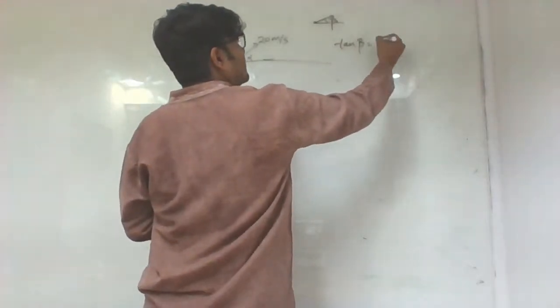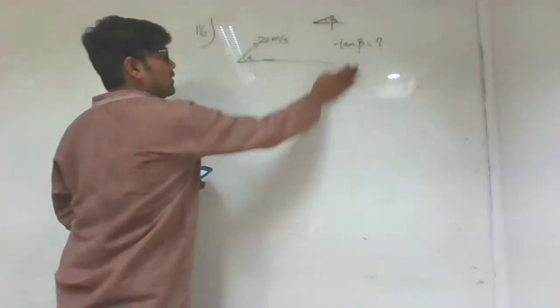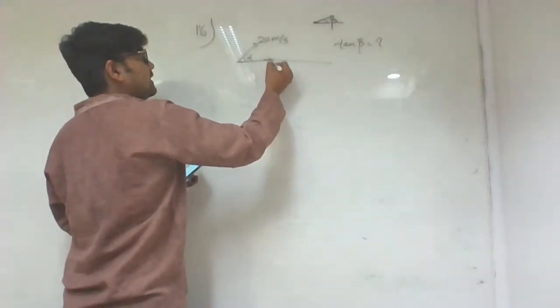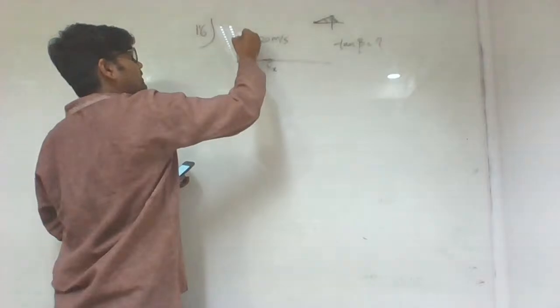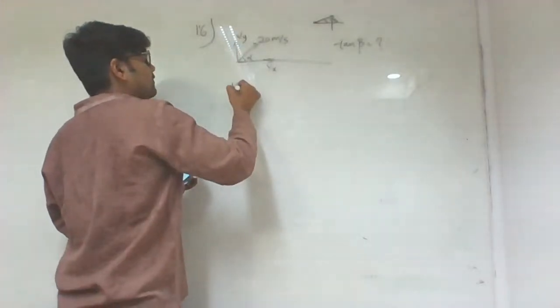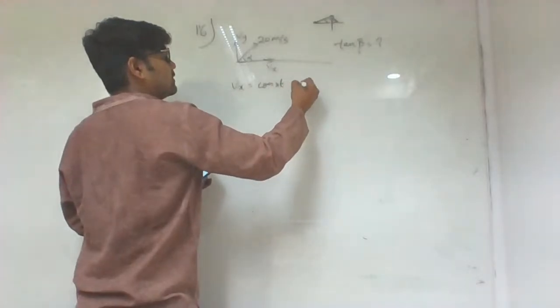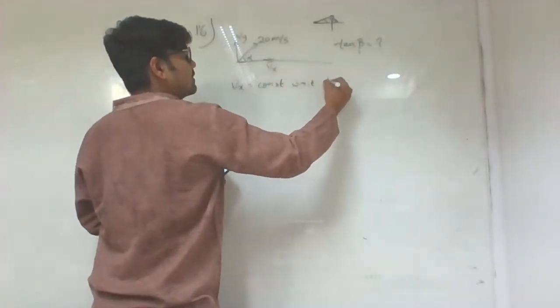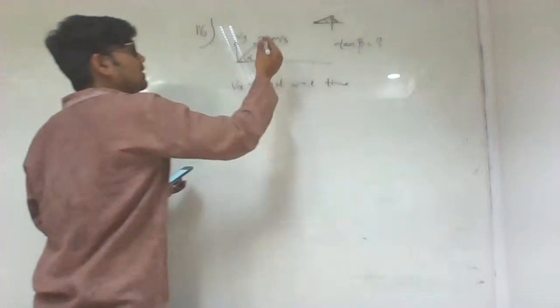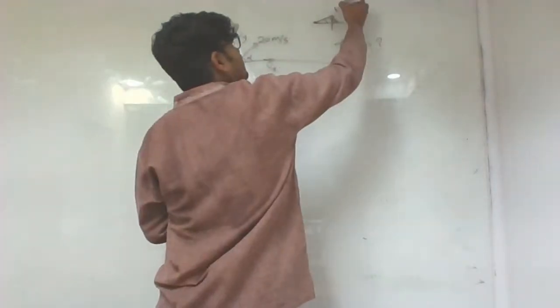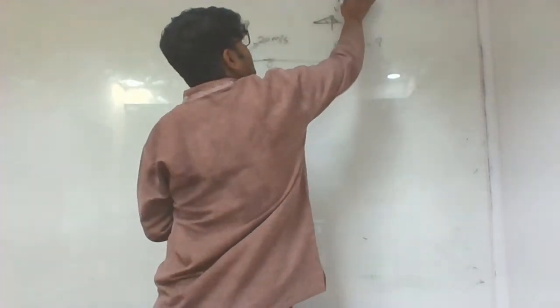Tan beta is equal to... So let's say this is Vx, this is Vy. Vx is constant with respect to time. So let's say this is V0.